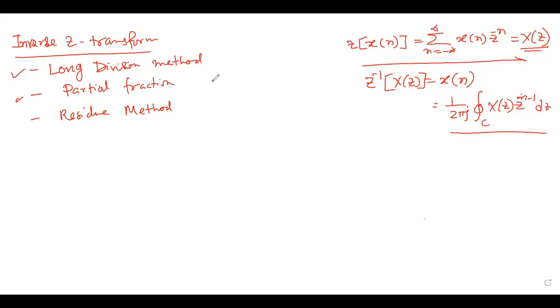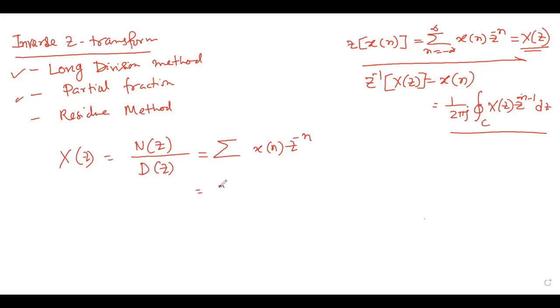Now, what is the long division method? In the long division method, X(z) will be given. We know X(z) is basically a numerator polynomial by a denominator polynomial. We will write this as a power series, using this formula, the sum of x[n] z to the power minus n.